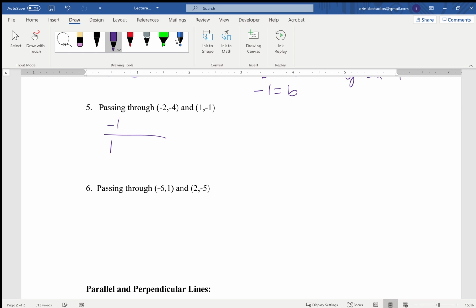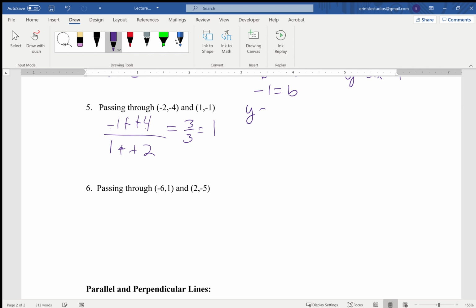Y over x, y over x. Minus a negative should be written as plus a positive. So, 4 minus 1 is 3. 1 plus 2 is 3. So my slope is 1.